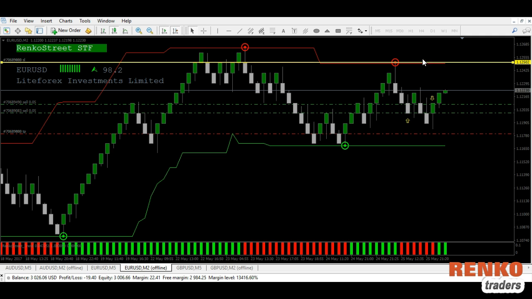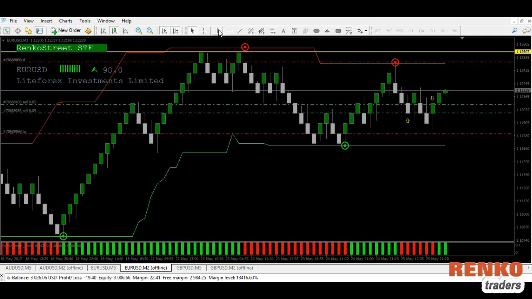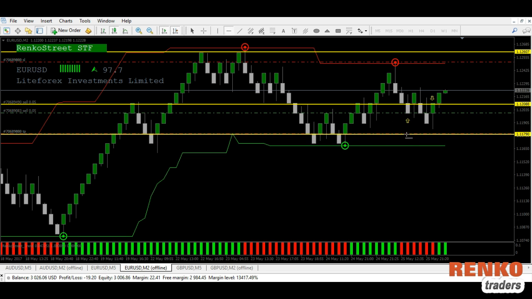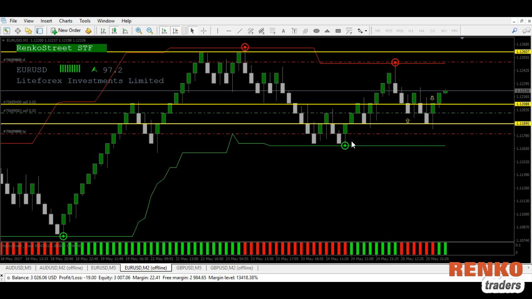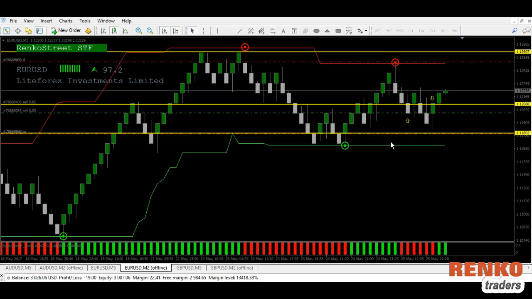Ideally, based on the rules, it should be here. This is where my entry is, and this is where I'm supposed to set the stops actually, because that makes it 20 pips. So okay, let's put it here, which is 10 pips. As you can see, the risk far outweighs the reward.